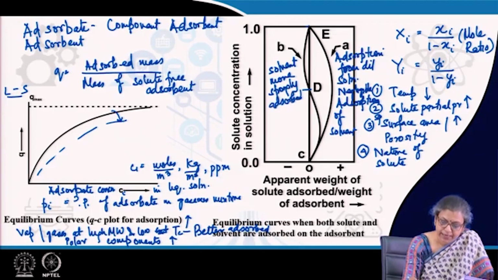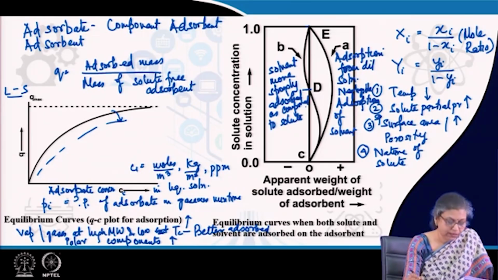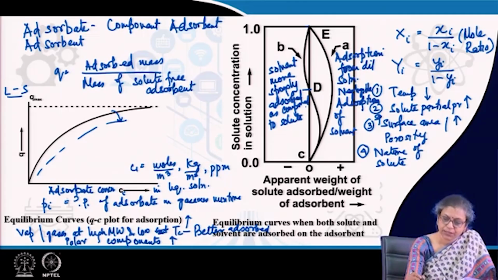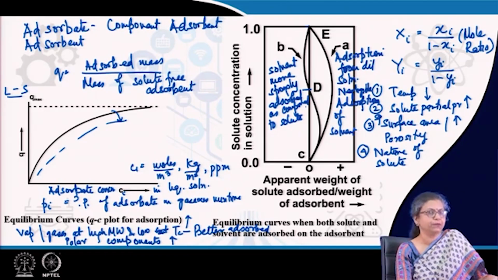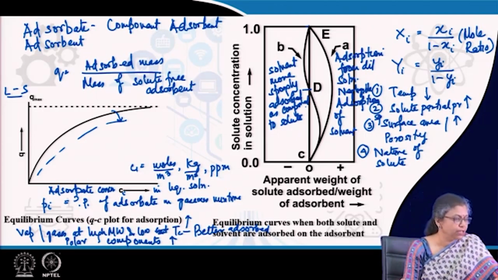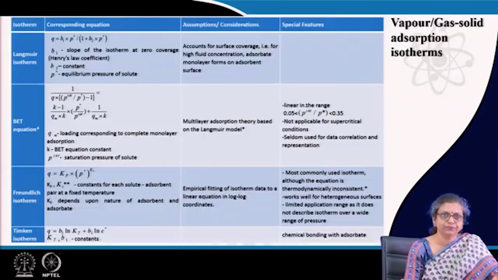So, we get a curve something of this sort over a certain range of conditions. This particular thing has to be kept in mind when we are dealing with liquid solid adsorption cases.